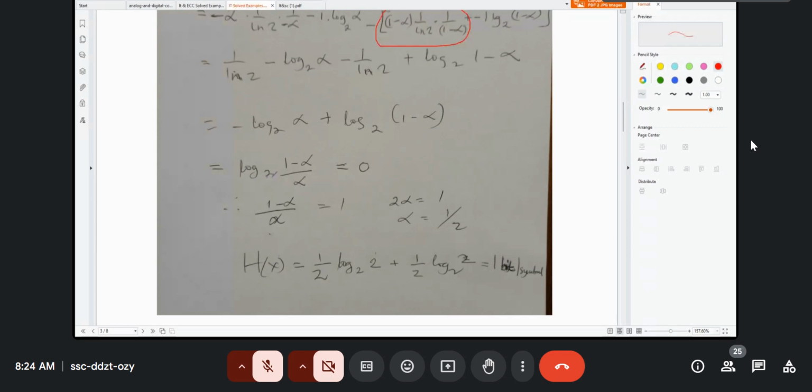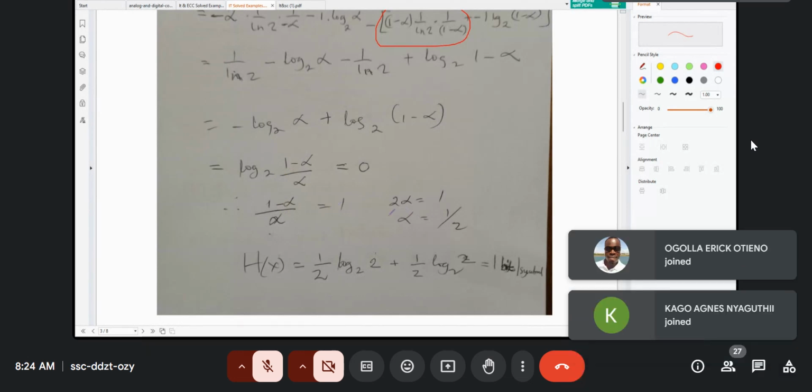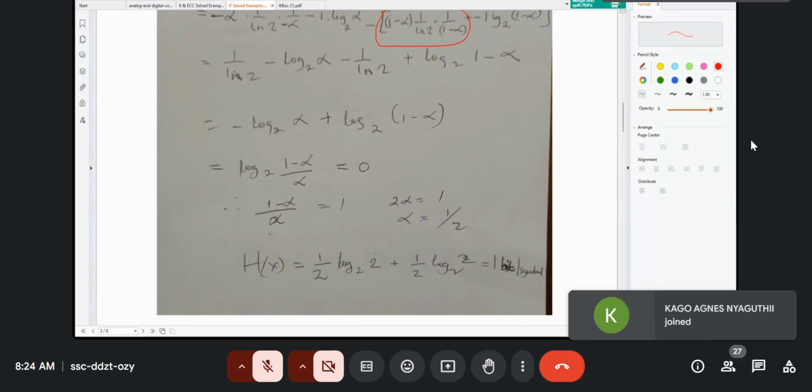That gives us 0, and therefore this is equal to 1. So 2 alpha is equal to 1, and alpha is equal to a half.